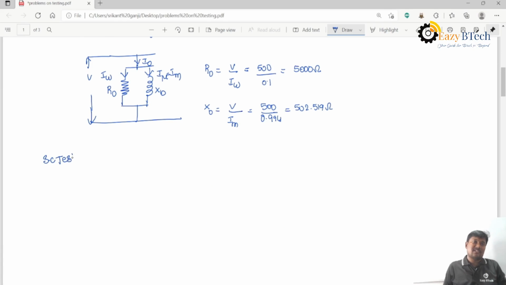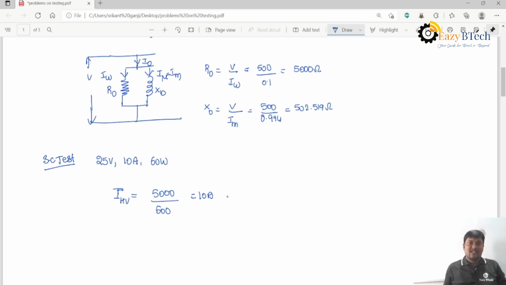So we have calculated the no load branch parameters. From the SC test you have to collect the data: 25 volts, 10 amperes and 60 watts. Check whether it is the rated current or not. I1 is the current at high voltage side, equal to the kVA rating, 5 kVA, divided by 500.